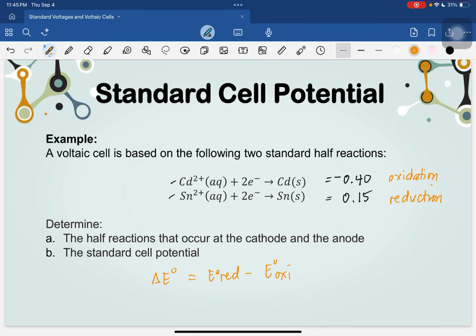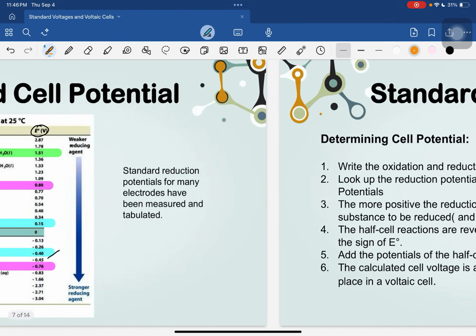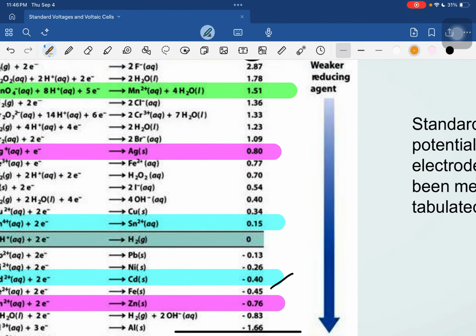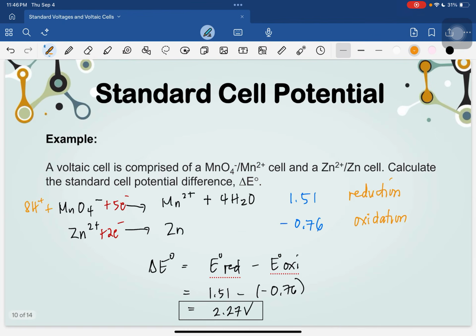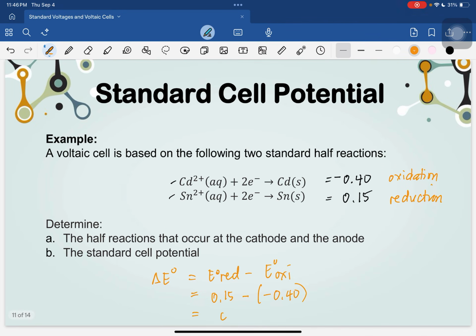So our reduction side is equal to 0.15 minus negative 0.40. Let me just check that again. Yes, it is 0.15. So that is equal to 0.55 volts. Okay, that's our answer for this problem.